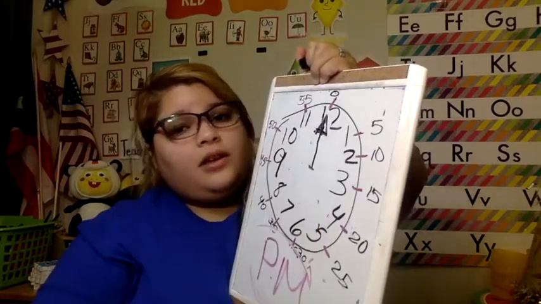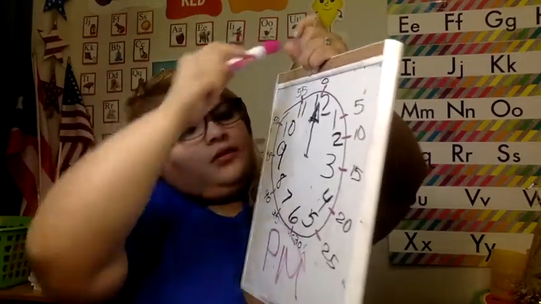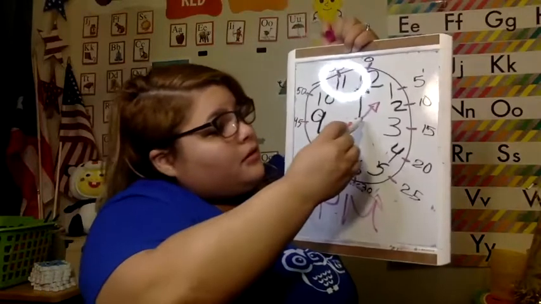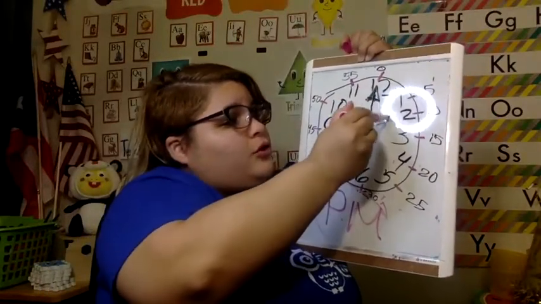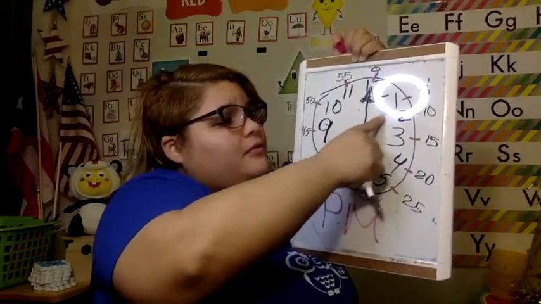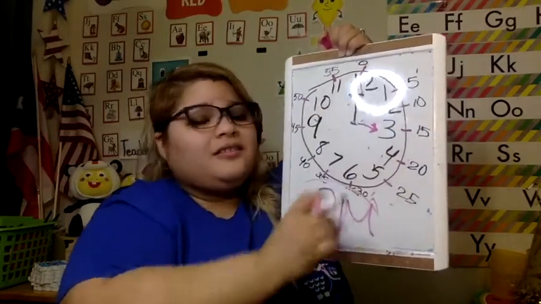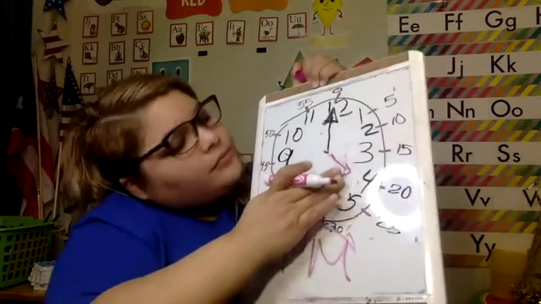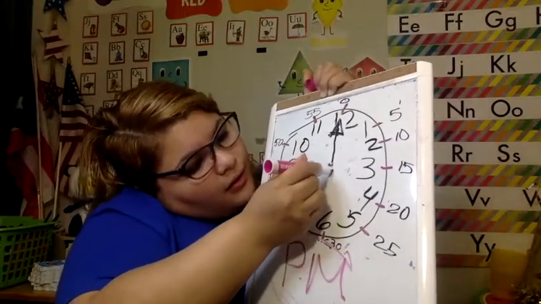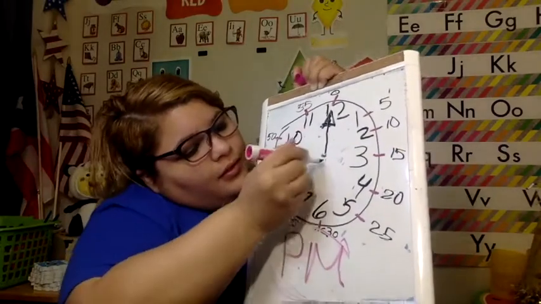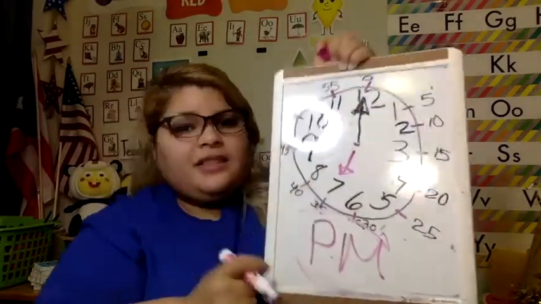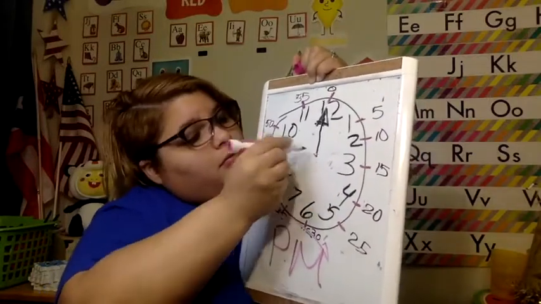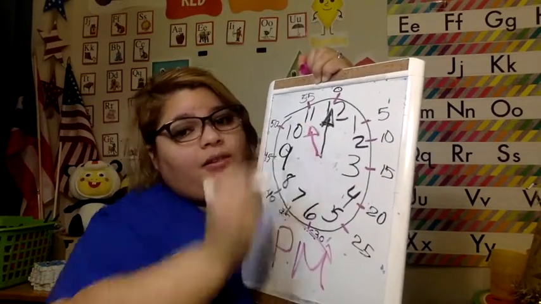Afternoon, okay? So now we have again 1 o'clock, but this time it is PM. 2 o'clock. 3 o'clock. 4 o'clock. 5 o'clock. 6 o'clock. 7 o'clock. 8 o'clock. 9 o'clock. 10 o'clock. 11 o'clock.